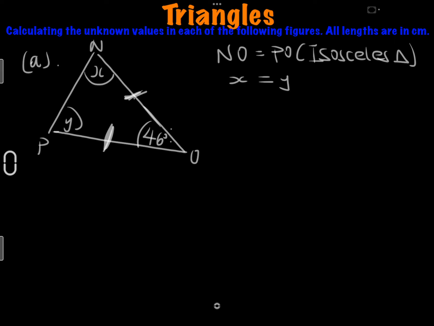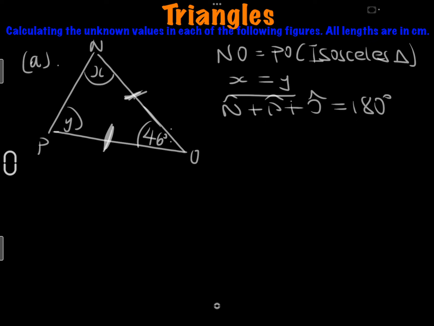That's now our inference here. Now, to move forward, we can start applying our algebraic conception here. So we can start by saying angle N plus angle P plus angle O is equal to 180 degrees.